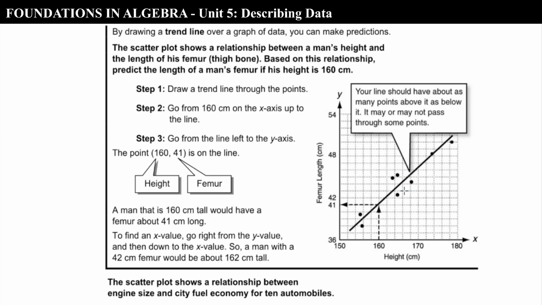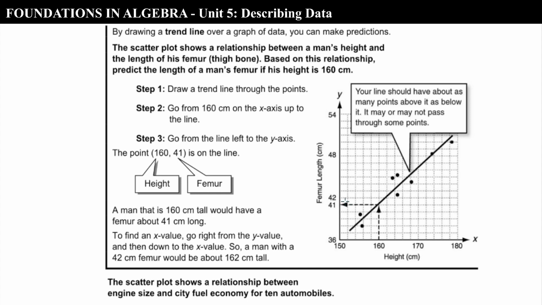So we go from 160 centimeters on the x-axis, and then we read up to the line and go back to the y-axis, and we find that the femur for a man that's 160 centimeters tall should be about 41 centimeters in length. So to find an x value, you go right from the y value.